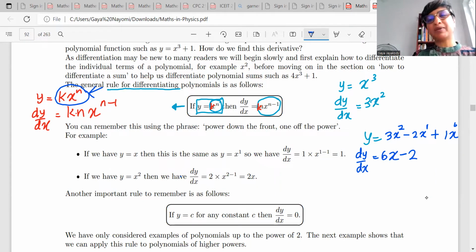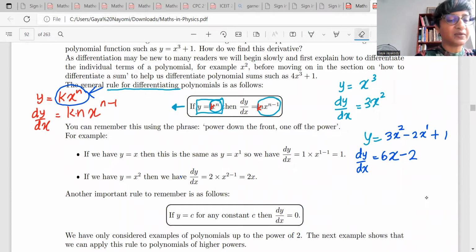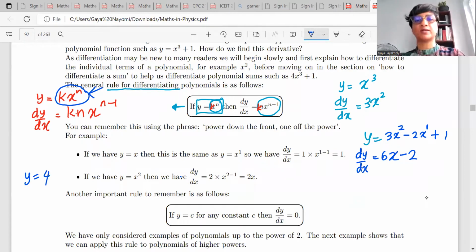So remember it like this. The derivative of a number is 0. It makes sense. Think of the function y equals 4, a constant function.